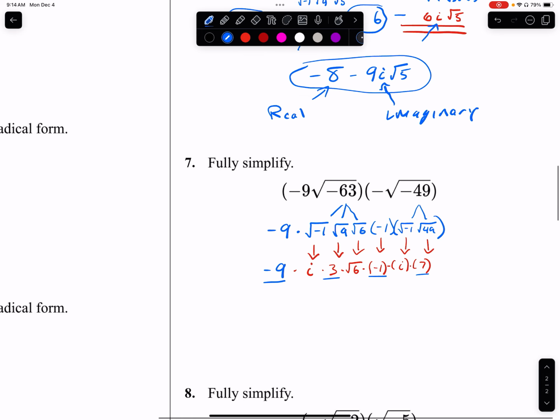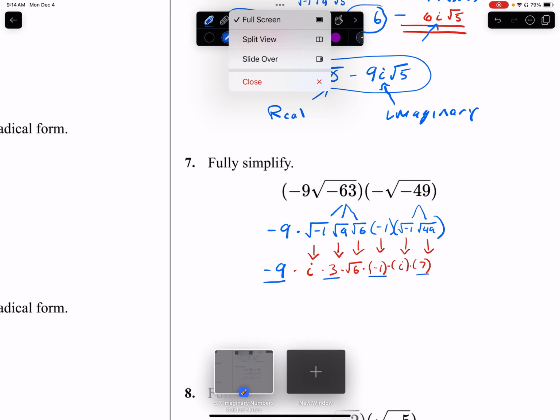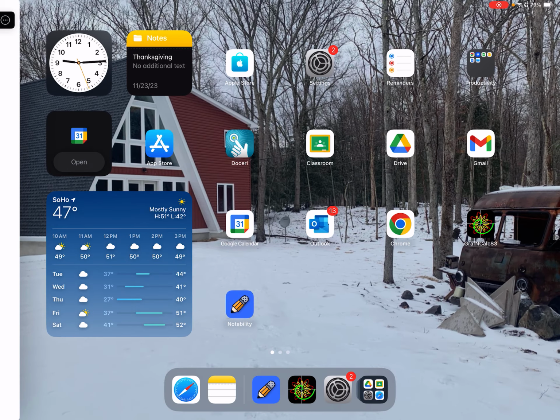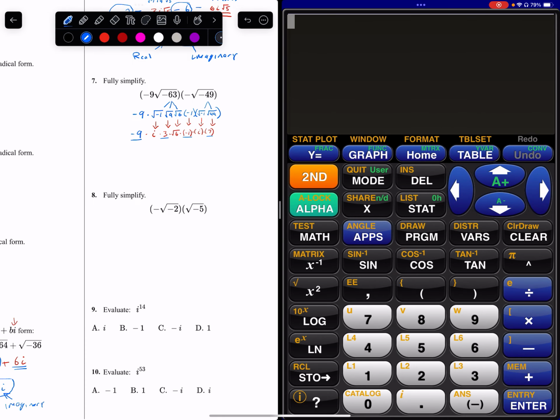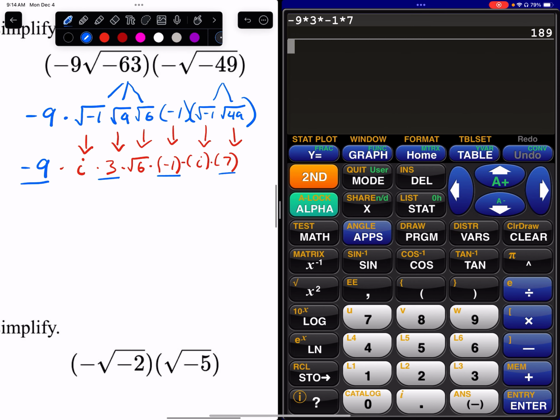Let's split the screen here so we can look at both. All right, so I've got negative 9 times 3 times negative 1 times 7, and I've got 189. So you can see right here, the numeric value is positive 189.